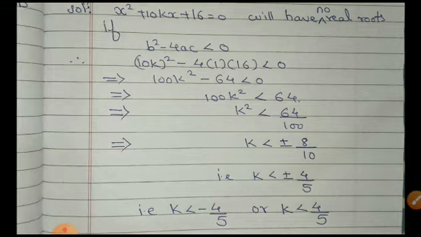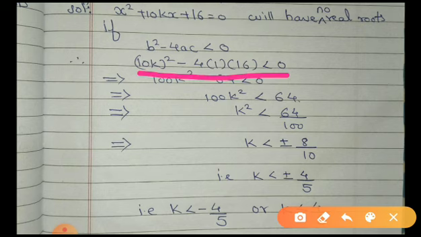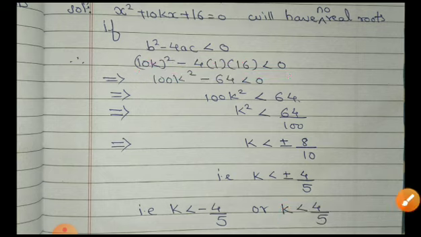Okay? And find what is your b square minus 4ac. Just substitute the values here. It is given, it is having no real roots, so I am writing it as less than 0.